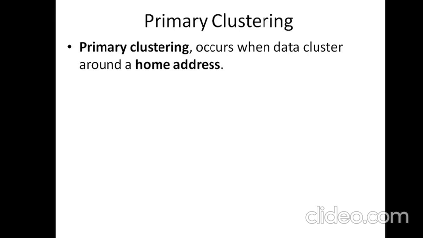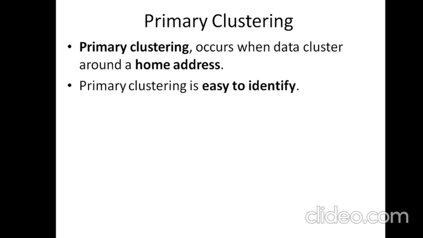The home address is the address generated by the key's hash function. If that address is already occupied, then we store the key at some nearby address, and when one more key needs to be stored at that home address, we again reposition it. So over a period, plenty of keys will be stored around the home address, all because of collisions. This situation is called primary clustering.